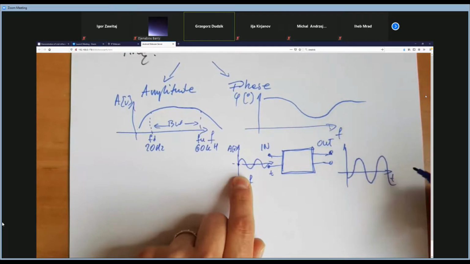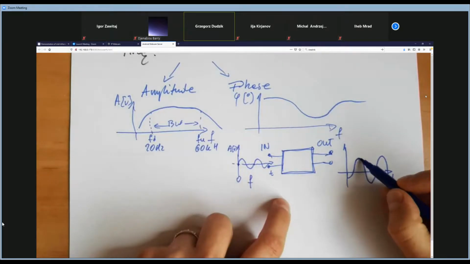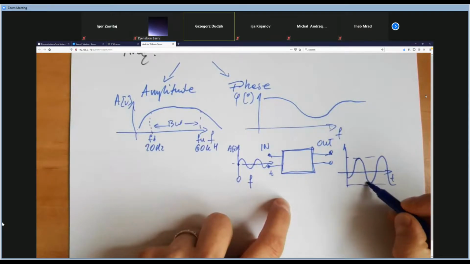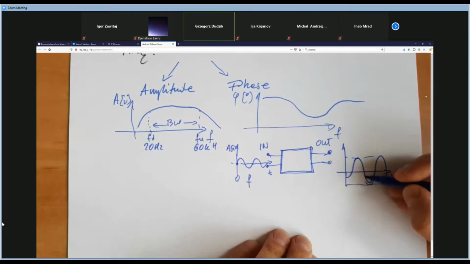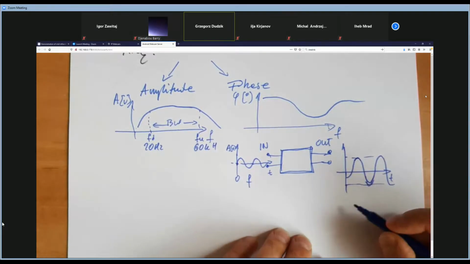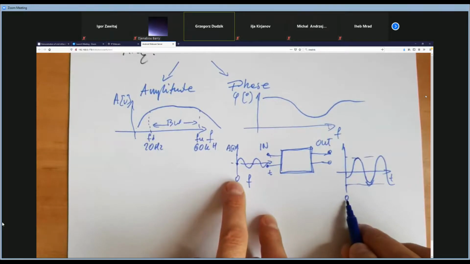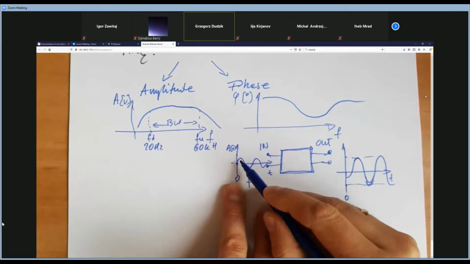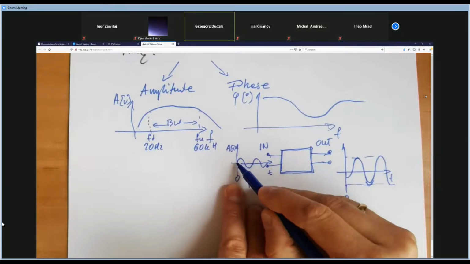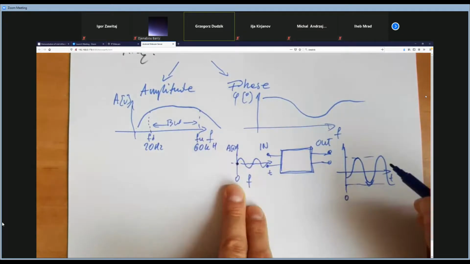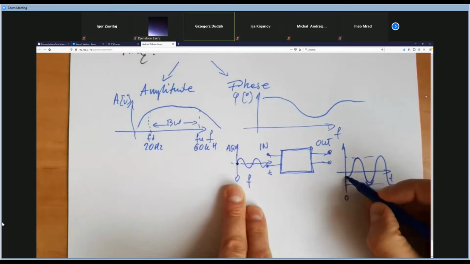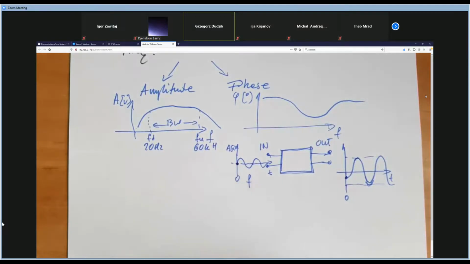For example, the signal is amplified, but you can see that for the same instant of time equal 0, my original input signal is starting at 0 volts, but this signal is starting at -1.